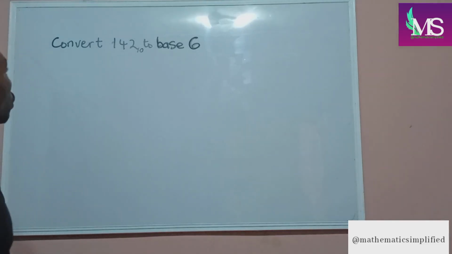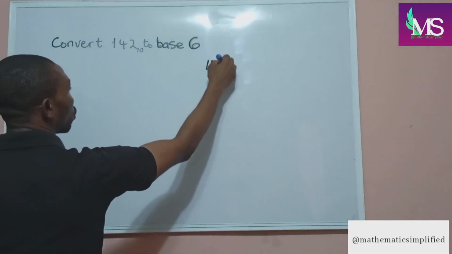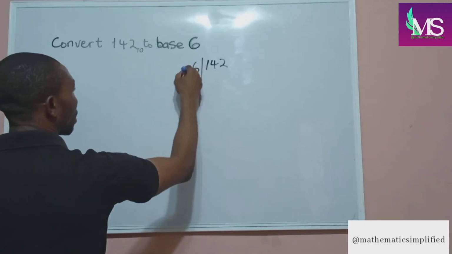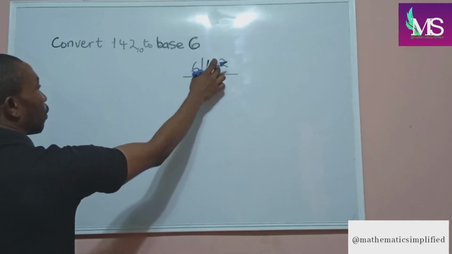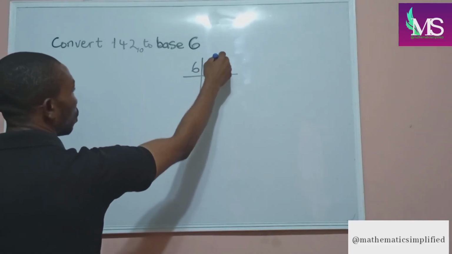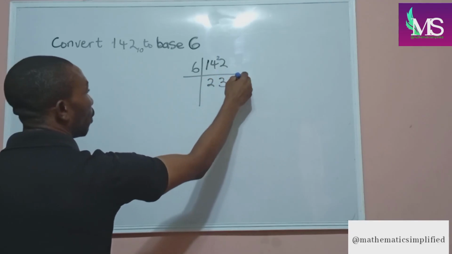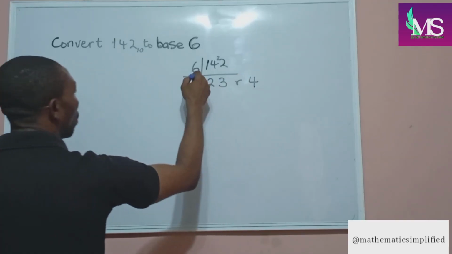Convert 142 base 10 to base 6. Now in doing so, we are going to have 142 divided by 6. Okay? 6 into 14 will give us 2, remainder 2. 6 into 22 will give us 3, remainder 4.